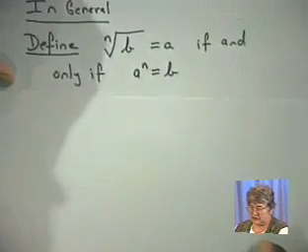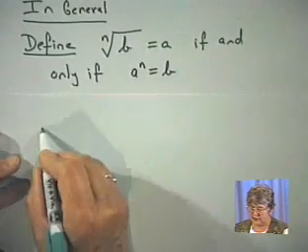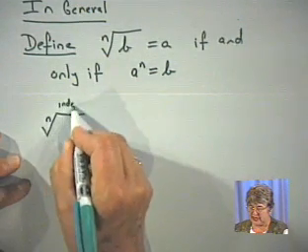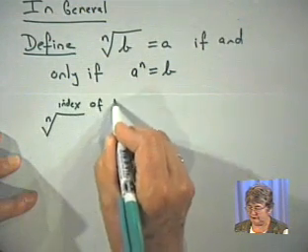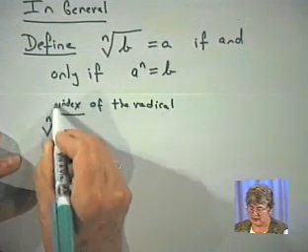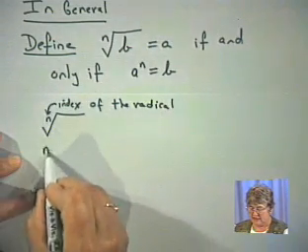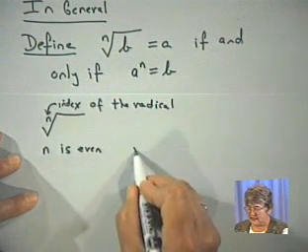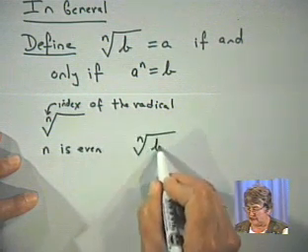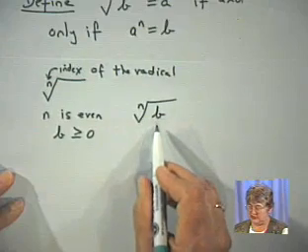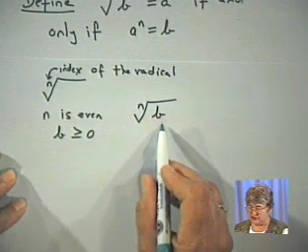If it turns out that the number n, which is called the index of the radical, is even, then the number inside the root must be positive or zero, as with square roots of positive numbers or zeros.